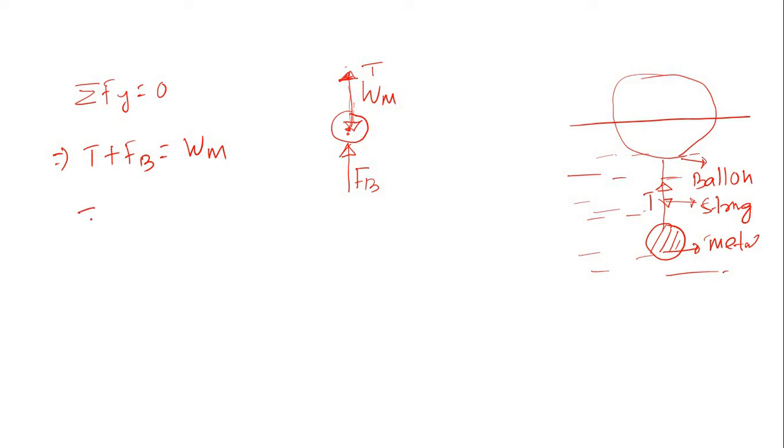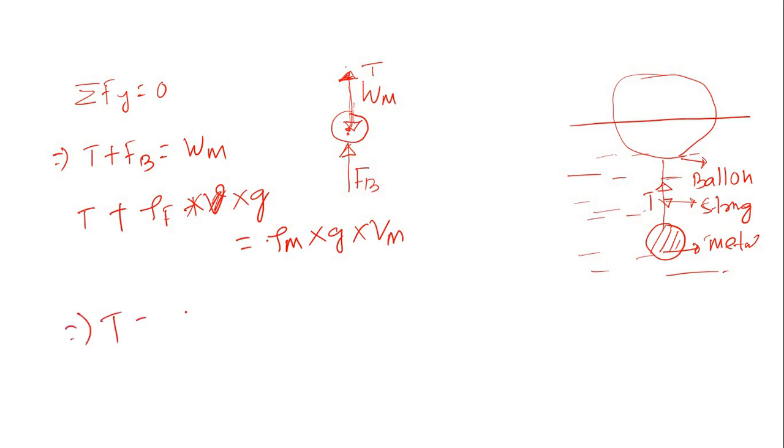So T plus Fb, where Fb is the density of the fluid times the submerged volume times g, equals the weight of the metal, which is density of the metal times g times volume of the metal.